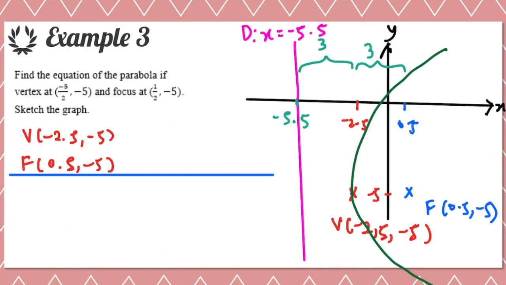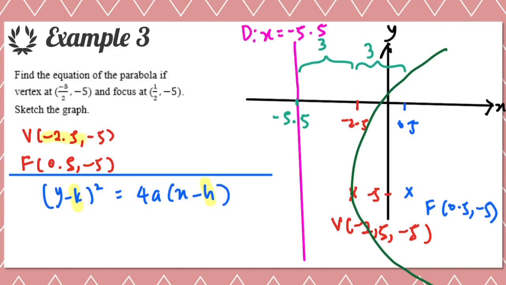After we're done with that, let us focus on the equation of the parabola. So let's write the general equation of a parabola opening to the right. It is (y minus k) squared equal to 4a (x minus h).